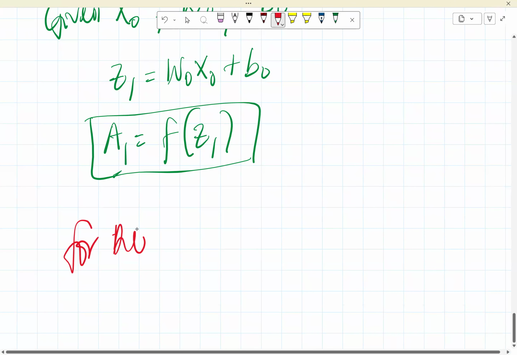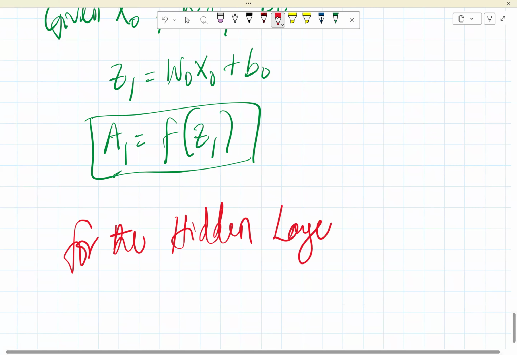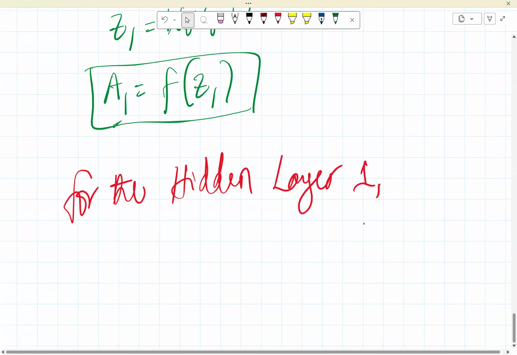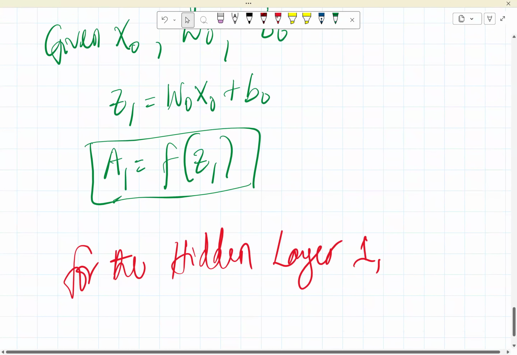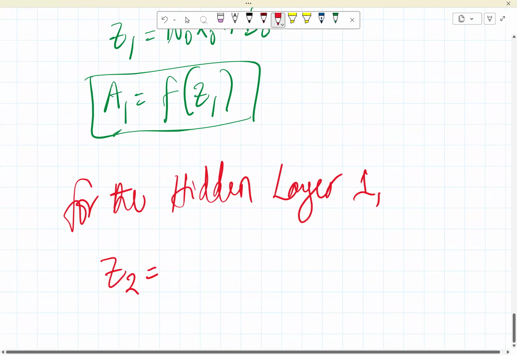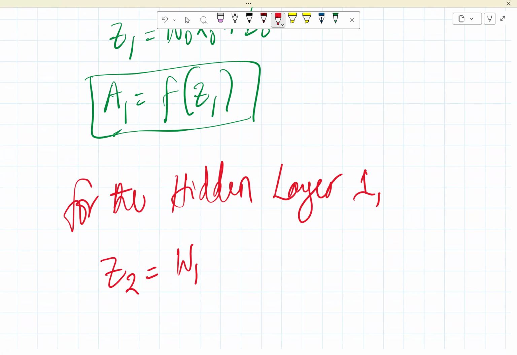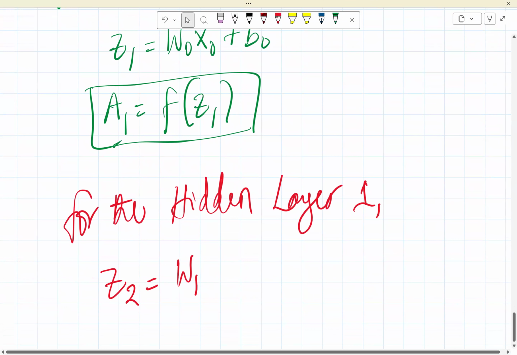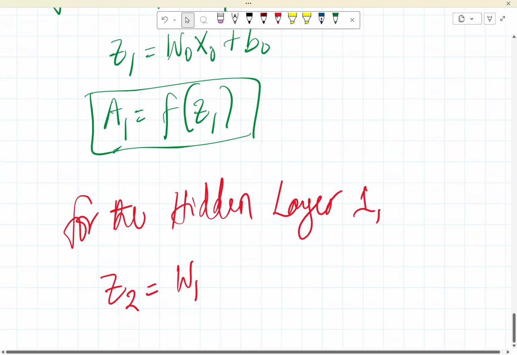For hidden layer one, what do we have? Z2 equals W1. A new set of weights will be given at that level. The weights will be recalibrated through backpropagation, right?